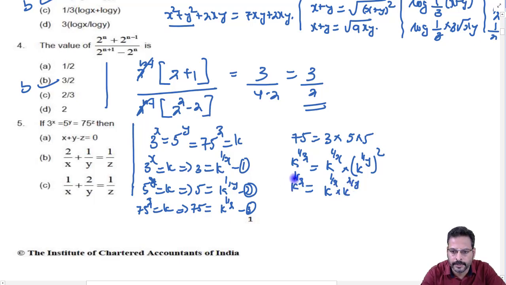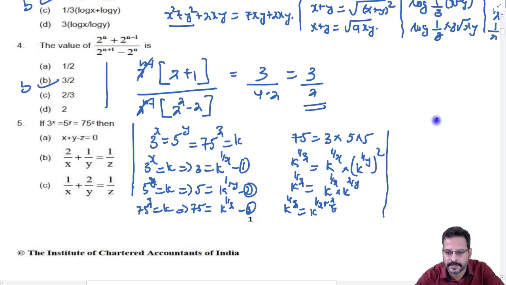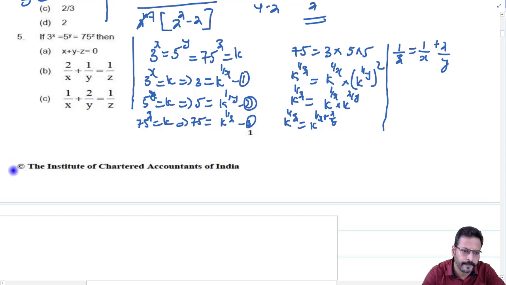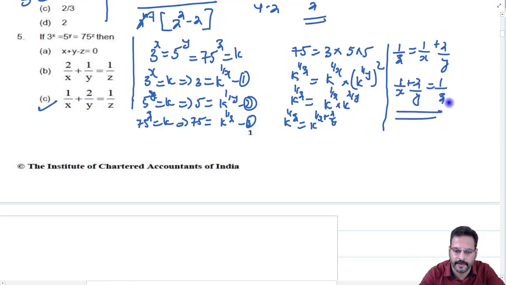So k raised to 1 by z is equal to k raised to 1 by x plus 2 by y. Using properties of indices, that implies 1 by z is equal to 1 by x plus 2 by y. So that means choice C, 1 by x plus 2 by y is equal to 1 by z. Choice C will be the right answer.